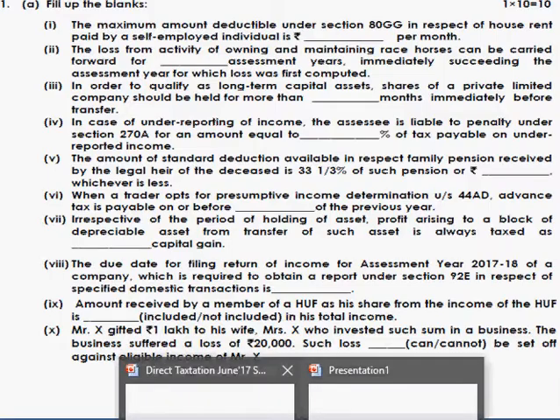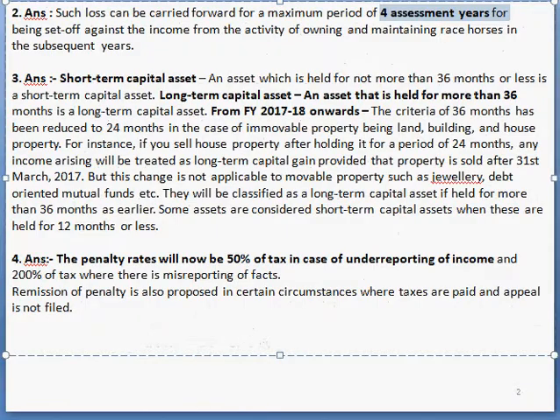Let's start this. Now this year this has been changed, but we will discuss as per the previous rule as well as this year. A short-term capital asset is an asset which is held for not more than 36 months, which was the earlier concept, or less. For a long-term capital asset, the condition was an asset held for more than 36 months.